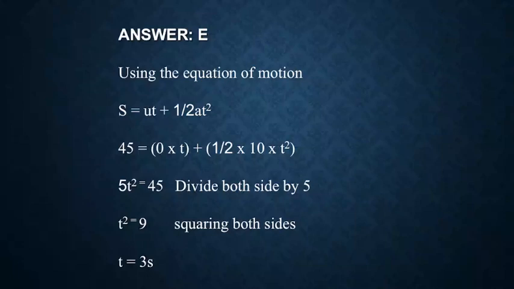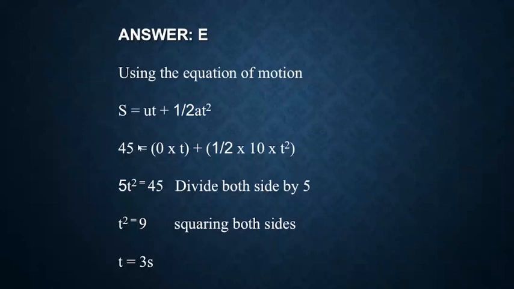The distance s is 45. From the equation, our initial velocity u is 0, multiplied by t, plus 1 over 2 times our acceleration due to gravity, which was given as 10, times t squared, because it's the time we are looking for.